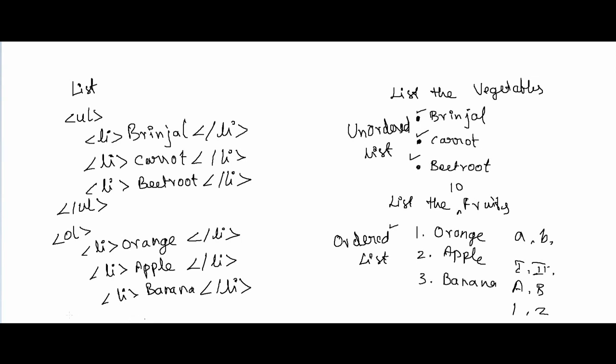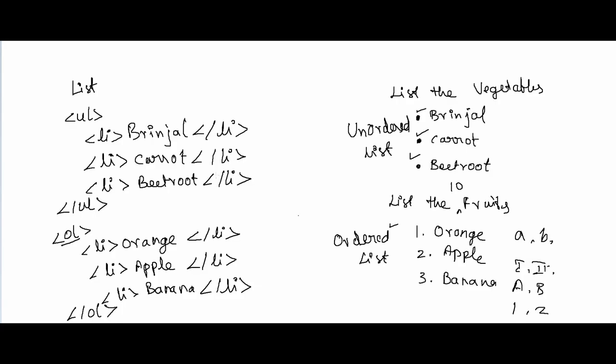Close the LI, and at last we want to close the OL, the ordered list. If I want to change the style, whether it is bullets or numbers, I can go with styles.